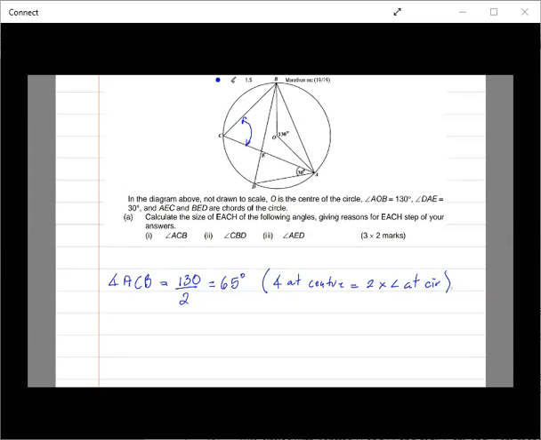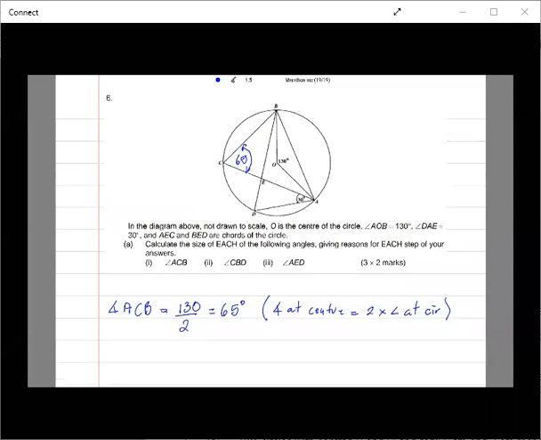Now, how do you identify angle at center versus angle at circumference? Please note the two angles are angle ACB and angle AOB. You'll note that both angles start at the same point, A. They both end at B. One goes to the circumference, that is C. The other goes to the center.